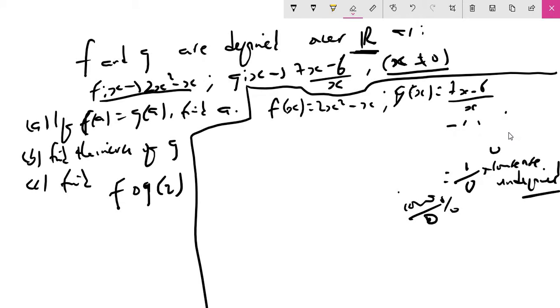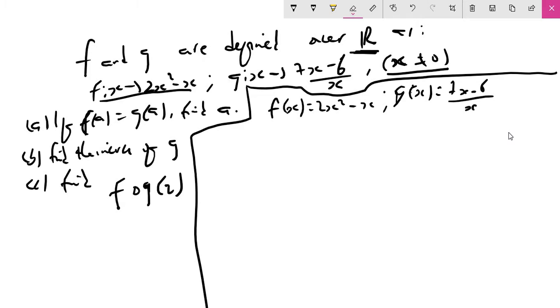So that is why they give that disclaimer. This function exists as long as x is not equal to 0. When you substitute x equal to 0, it gives you a number that doesn't exist, which is undefined.